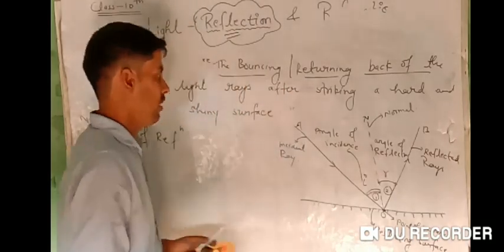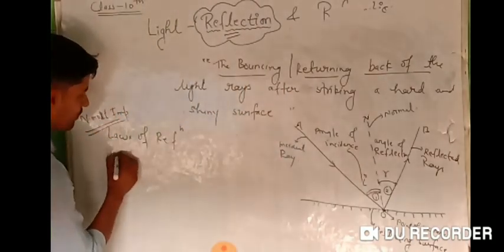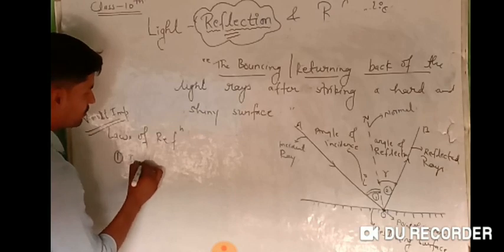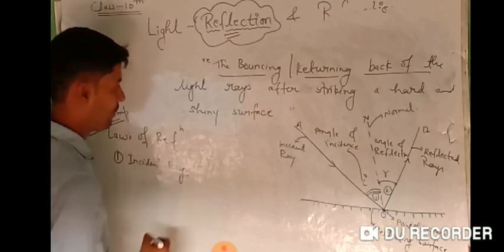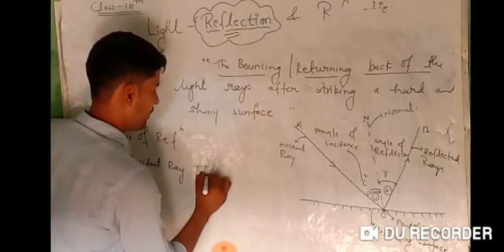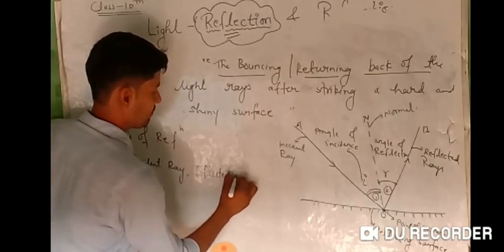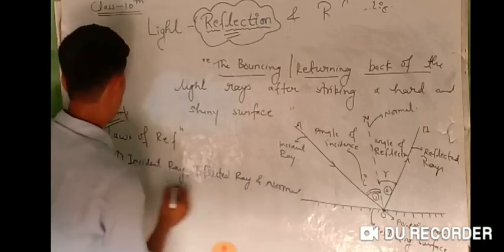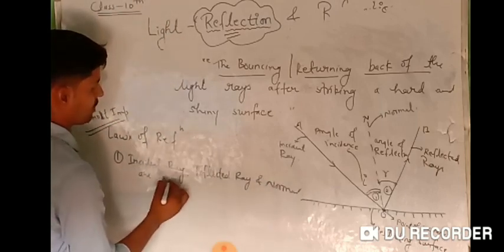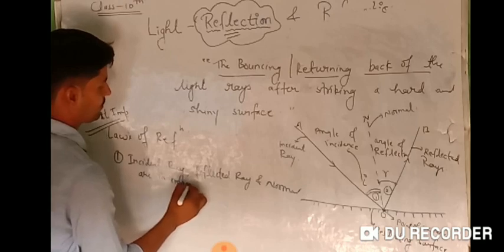So the first law: the incident ray, reflected ray and normal are in the same plane.